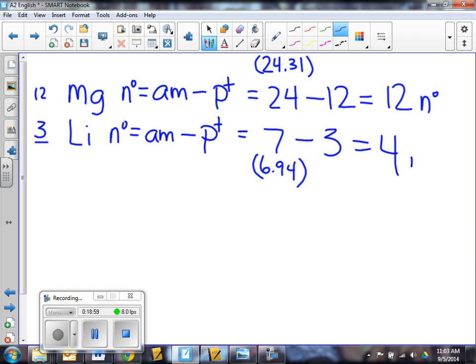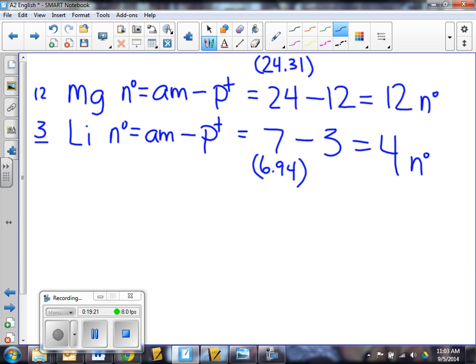So I would give my answer as 4 neutrons. Now when I'm giving my answer there, I would expect you to either write the word neutron or use the n with the 0 so that everyone is clear on what we're talking about. But in your actual steps, that doesn't matter to me. I'm only going to look for a unit at the end.